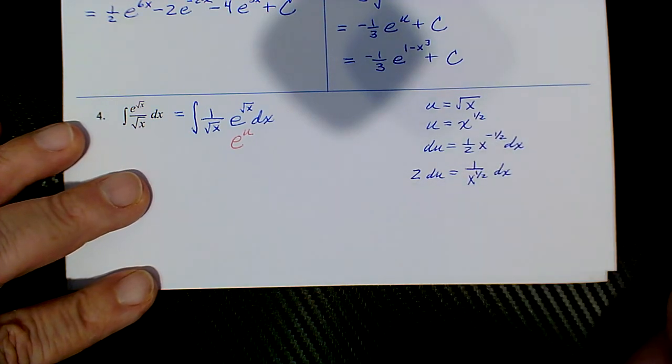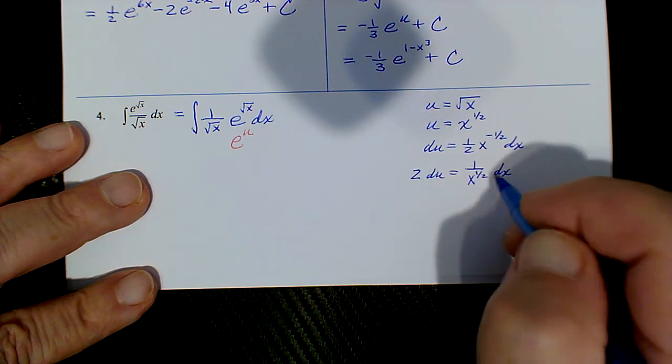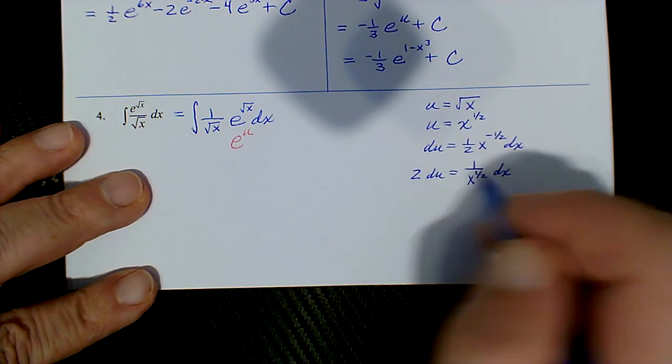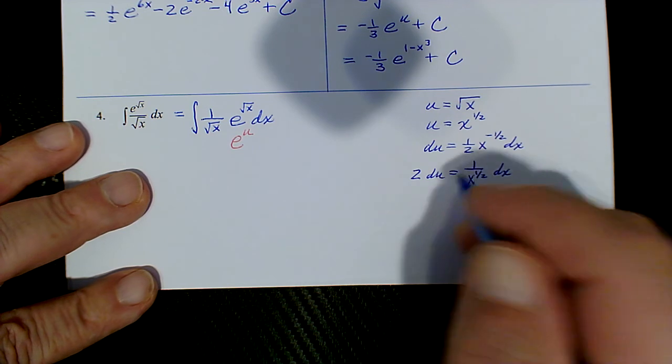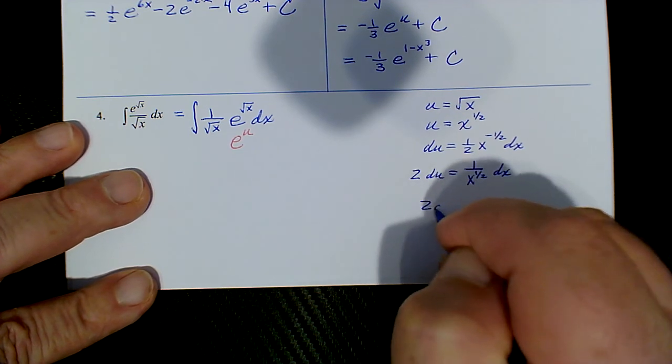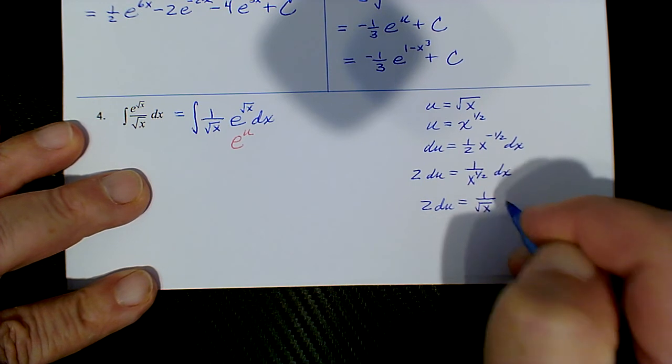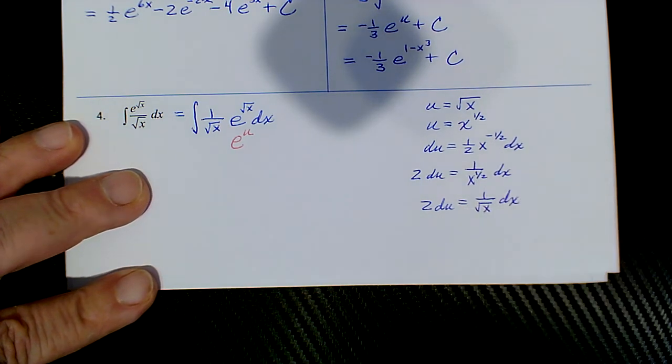And if that's not enough to see that the leftover factors are in fact what we have here, that equals 2 du, you could put the x to the 1/2 back as the square root of x. So 2 du is 1 over square root of x differential dx.